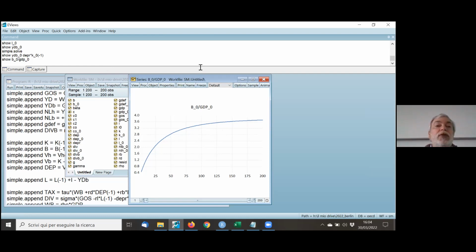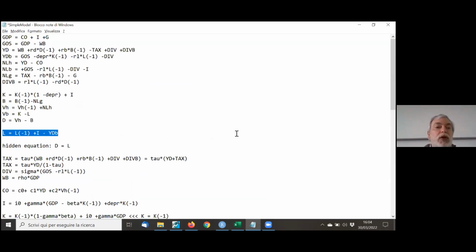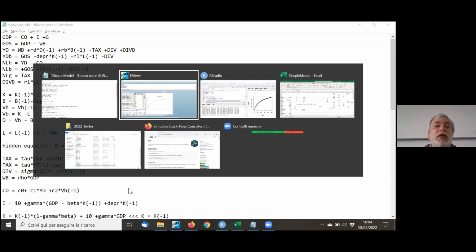And therefore, since deposits and loans are not changing, the stock of wealth is stabilizing at the same level. So we should have values of the stocks relative to GDP which are coherent with this long-term solution. And I think we also needed to change what we have done here to derive the steady state solution, because it contains a mistake. And this is why we also made a mistake down there.